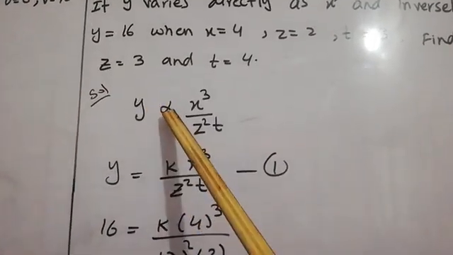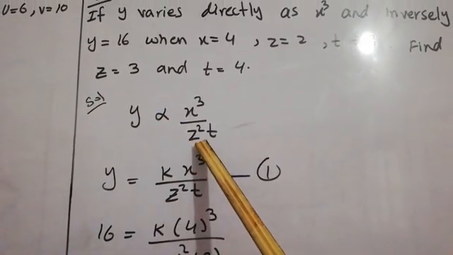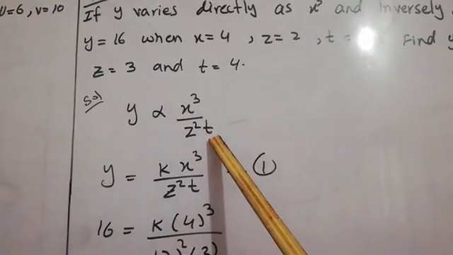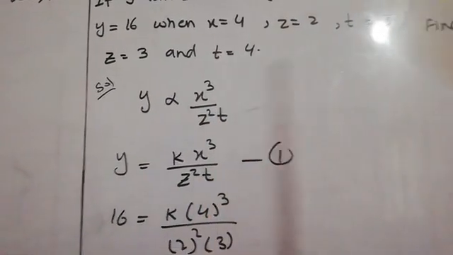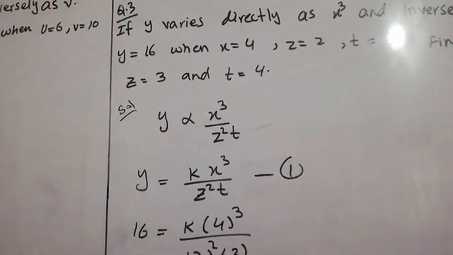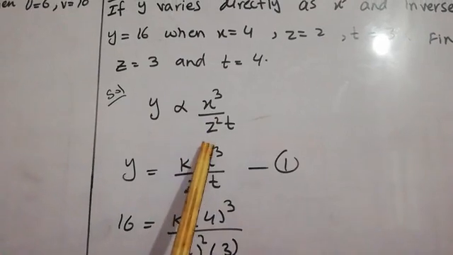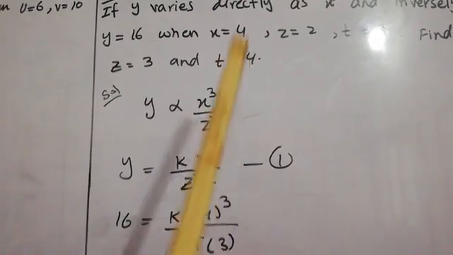So Y has the inverse variation as Z square T. So this is the relation. Y is directly proportional or varies directly as X cube and inversely as Z square T.